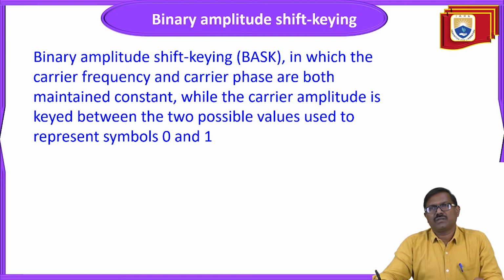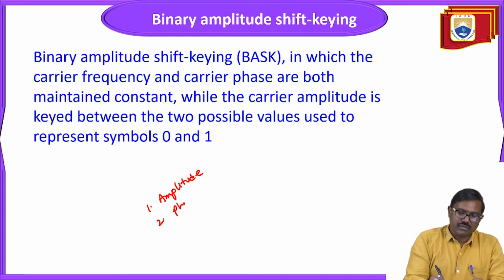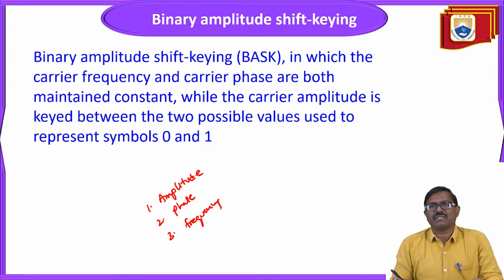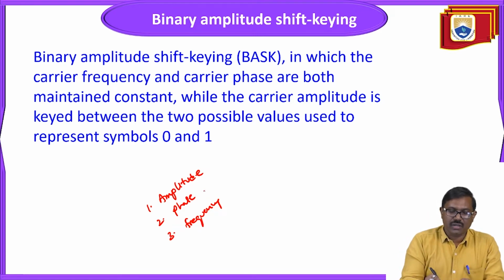Why? Because any analog signal has three parameters: one is amplitude, second is phase, and third is time or frequency. So here my aim is amplitude shifting, so the remaining two, phase and frequency, are both kept constant.